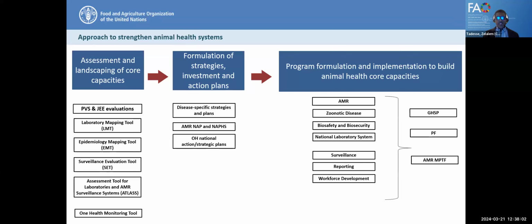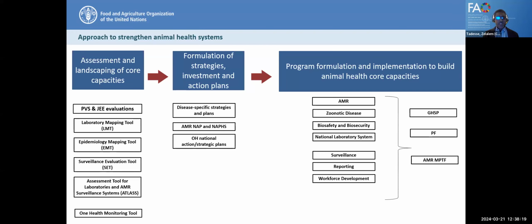And second, using the findings of such assessments, we also support and participate in the formulation of national strategies, action plans, and investment plans in line with those findings.